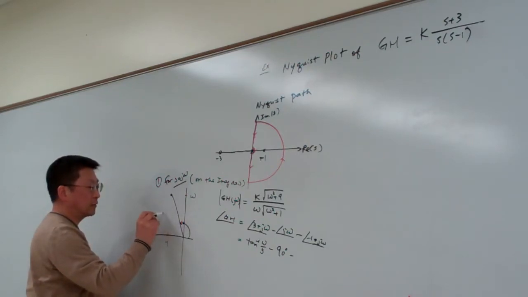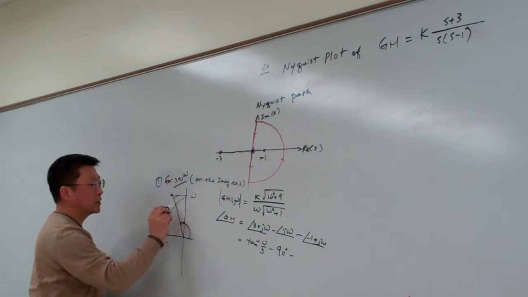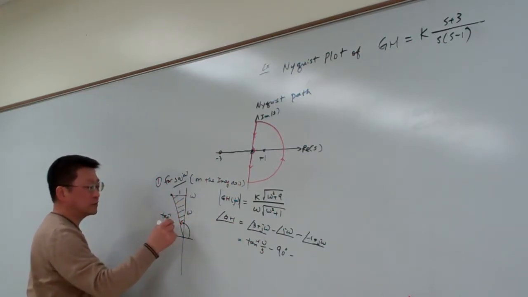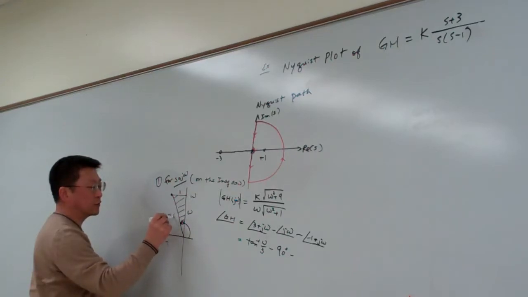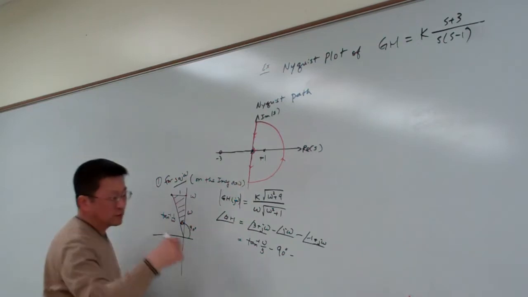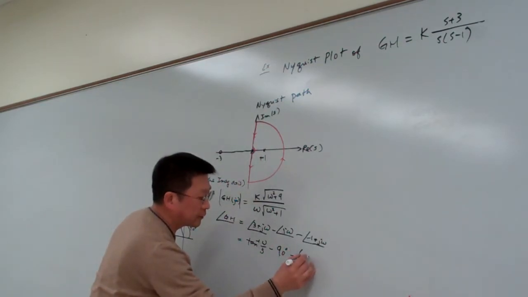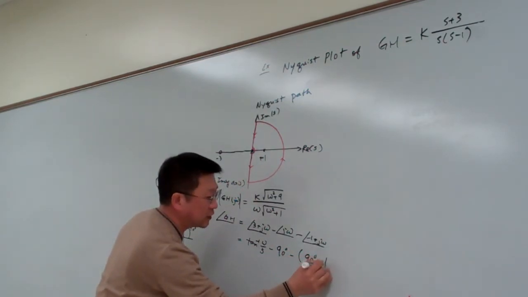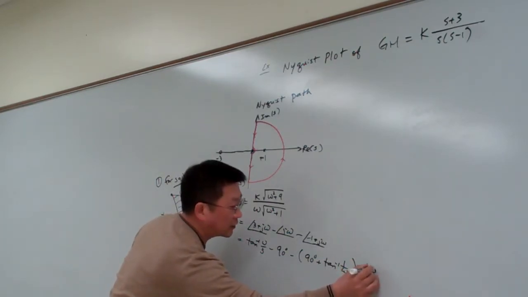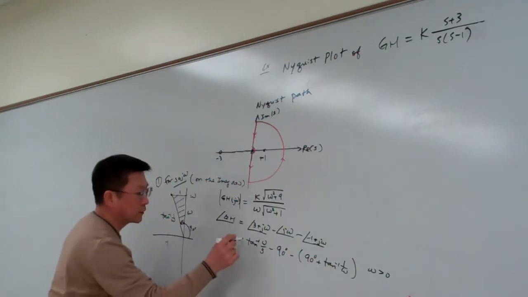If you take this triangle here, this is 1, the height is omega, so this small angle is arctangent of omega over 1, and this is 90 degrees. So this one is 90 degrees plus arctangent omega, when omega is positive, okay?